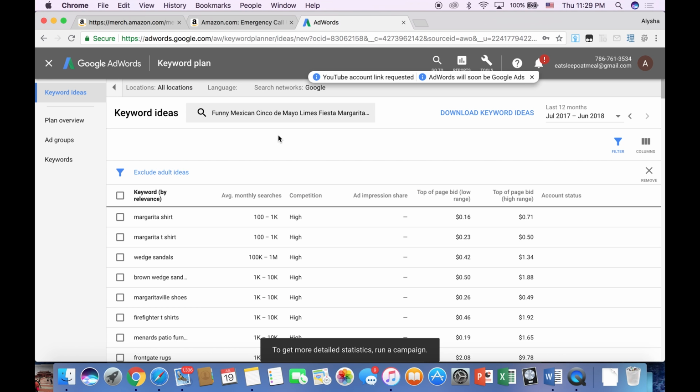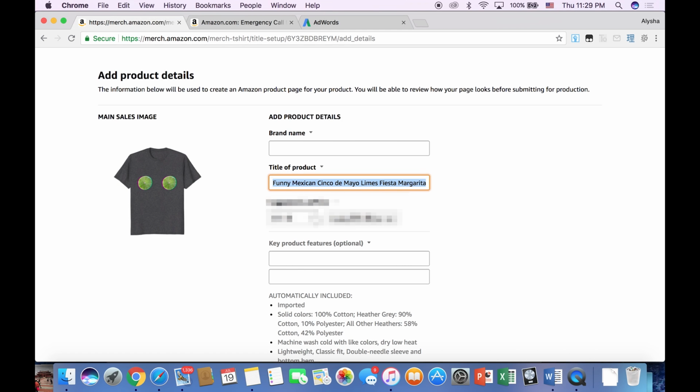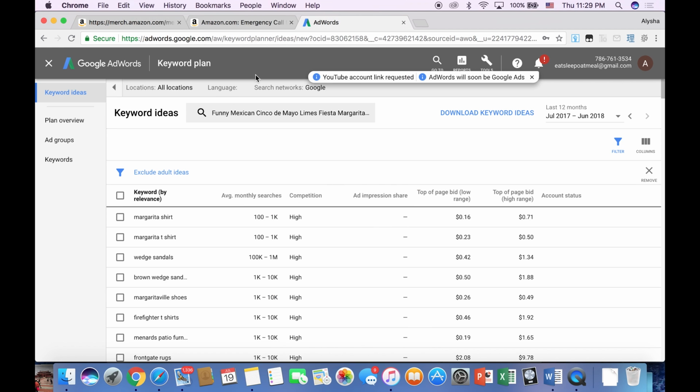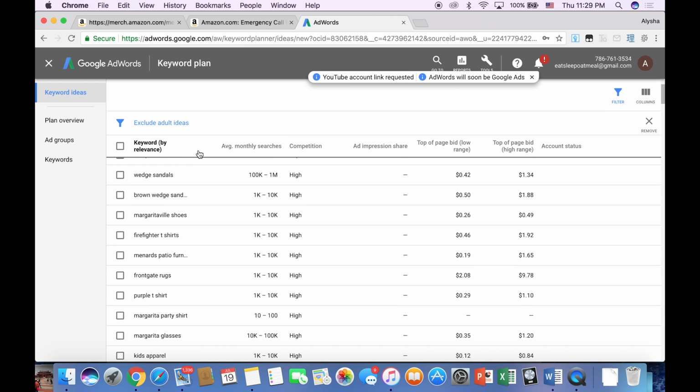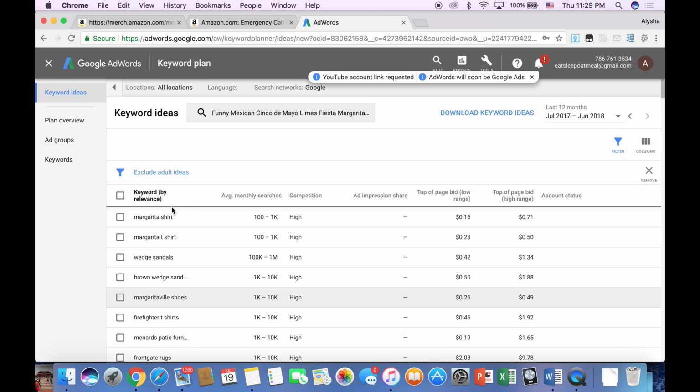So I have the keyword planner pulled up on my computer, and I literally just copied and pasted the title of the product that I had set into this keyword planner, and then I'm going to go from there. Basically it gives you some ideas of particular keywords that people would type in.